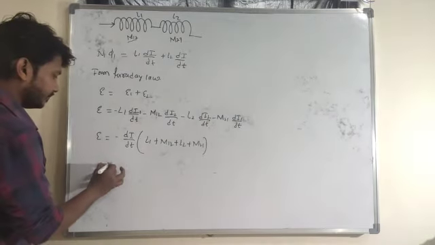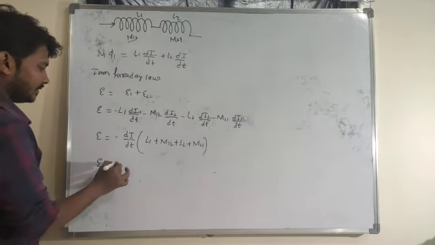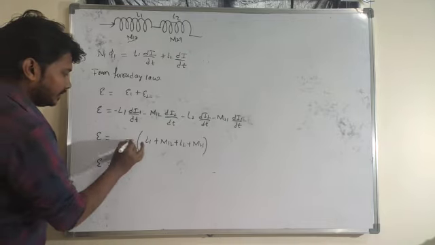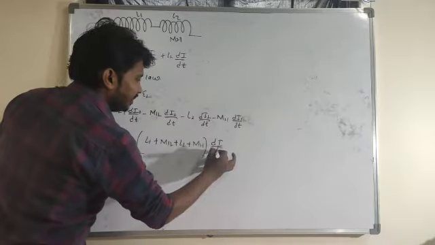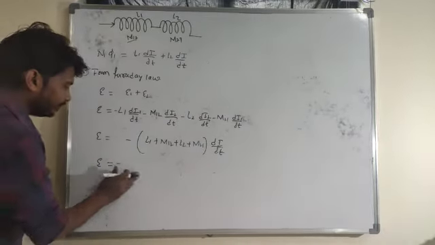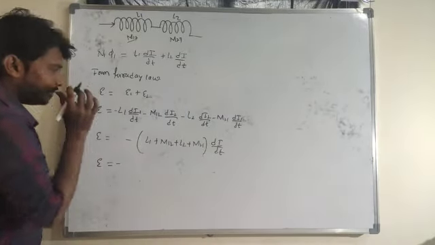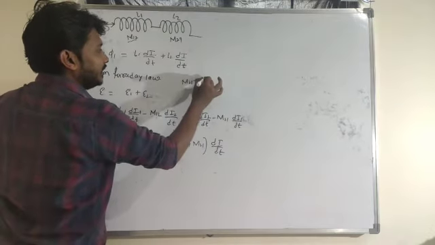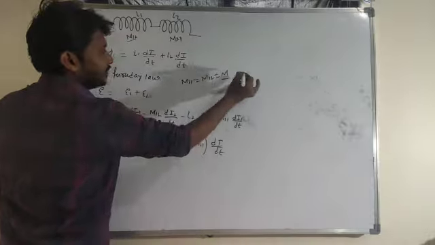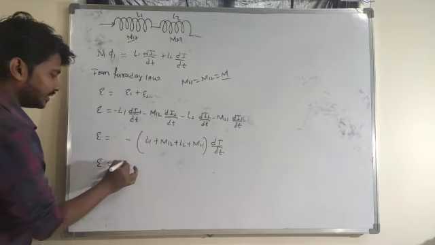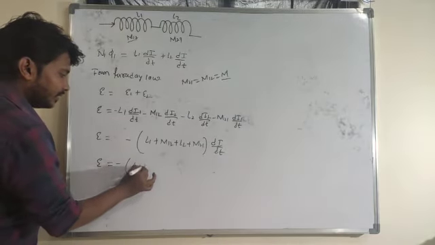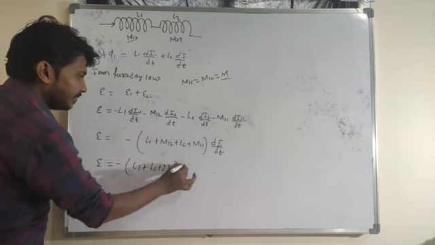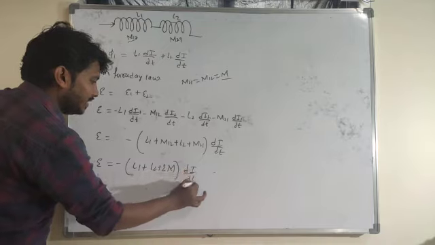So look here, E is equal to di by dt, you can take it here. I will tell you why. So L1 plus M of 1 to 2 plus L2 plus M of 2 to 1. M of 2 to 1 is equal to M of 1 to 2, which is equal to M. M plus M, so that is 2 times M here. L1 plus L2 plus 2 times M into di by dt here.